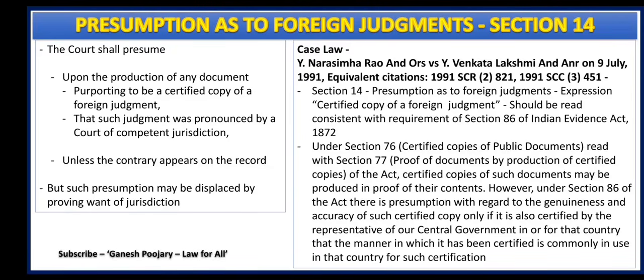Section 77 discusses proof of documents by production of certified copies, and section 86 has words like certified copy of a foreign judgment. Now all of these sections need to be read together, and only when such a document satisfies all the requirements under the Indian Evidence Act does the document become a valid document and valid evidence.